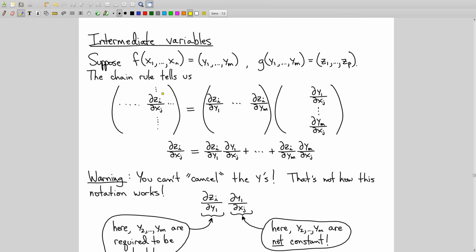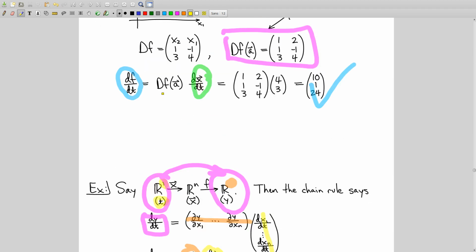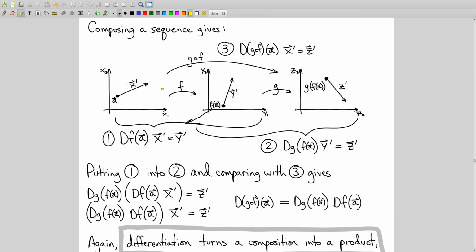So I want to talk just a little bit about intermediate variables. We're going to build up to a different point of view on the chain rule. Now, I very deliberately started us off with what you might call a matrix point of view on the chain rule. The chain rule says that the composition derivative matrix is a product of the individual derivative matrices.